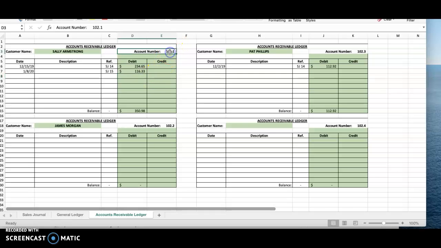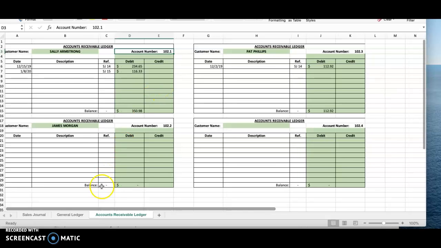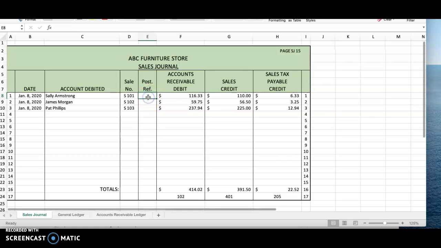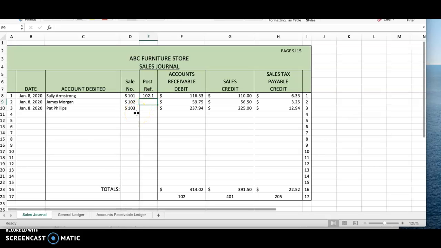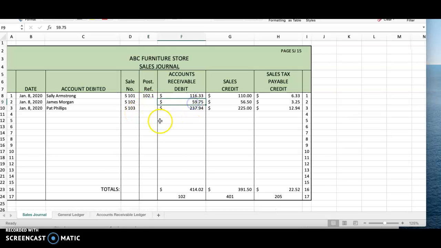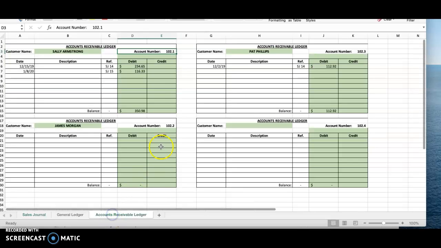The account number is typically done this way. Accounts receivable was account 102, so the accounts receivable ledger has accounts beginning with 102 and then .1, .2, and so on. So that's how it would be done. We go to James Morgan, 59.75.